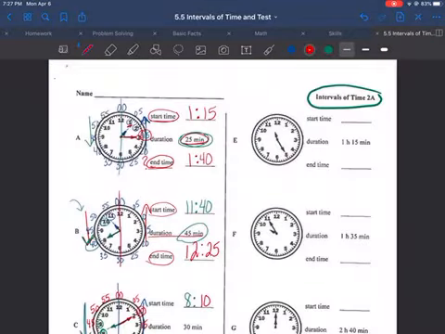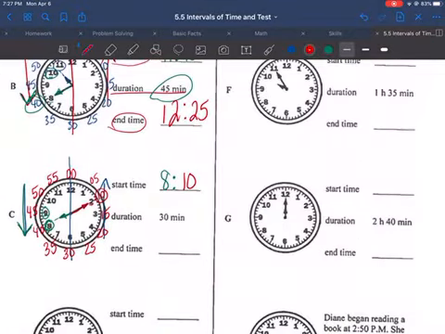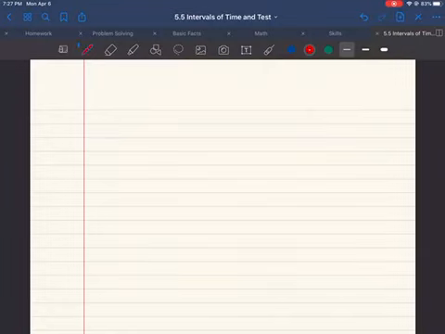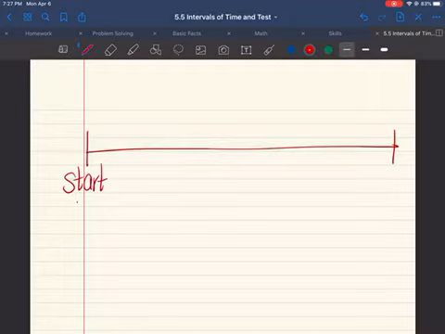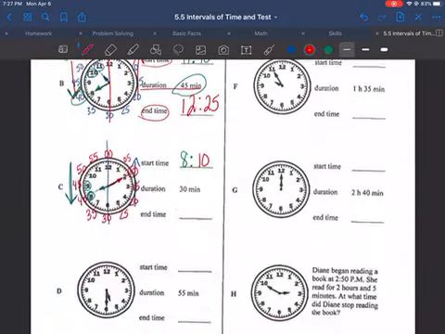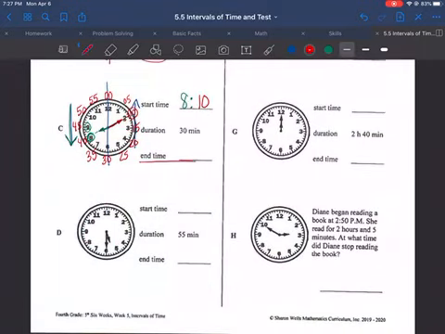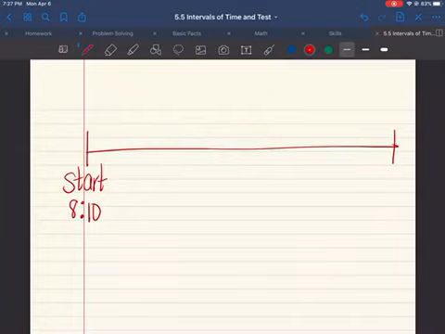Now I'm going to go ahead and grab another sheet of paper so I can do my work. And remember that the start time was 8:10. Do I know the end time? No, we do not.